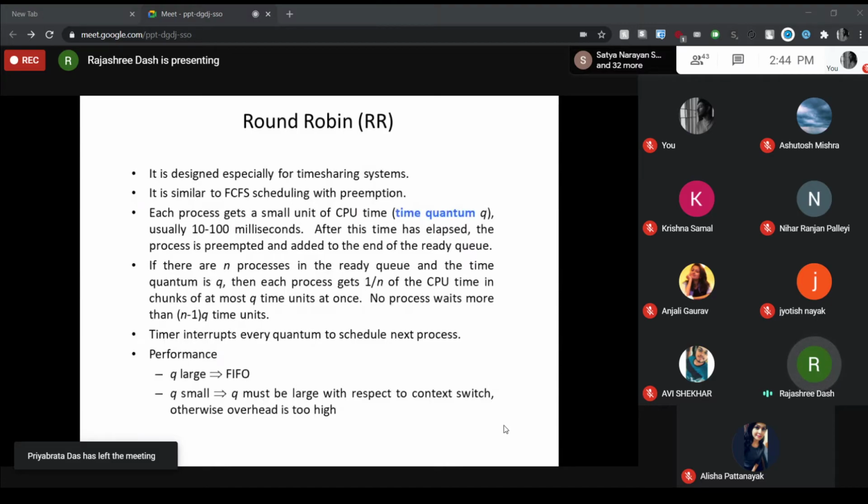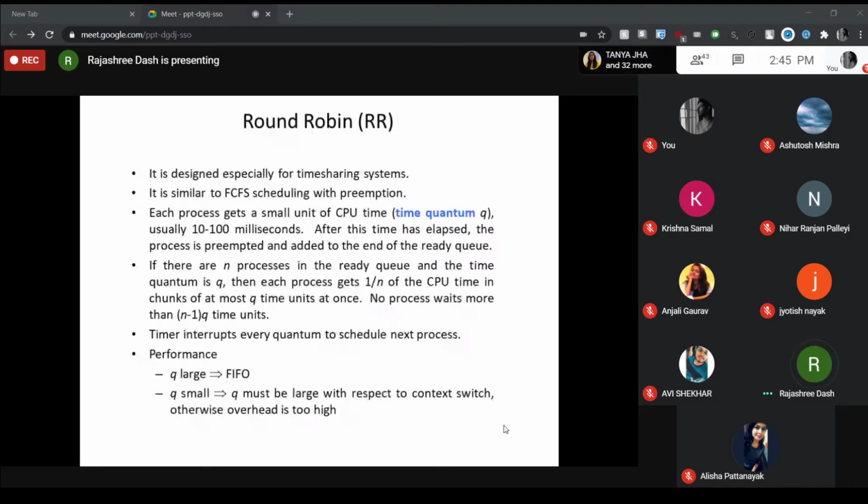Now, either the process will complete its execution within one time quantum, or it may take more than that. After one time quantum has elapsed, an interrupt will occur, and the process will be preempted and stored back in the ready queue.